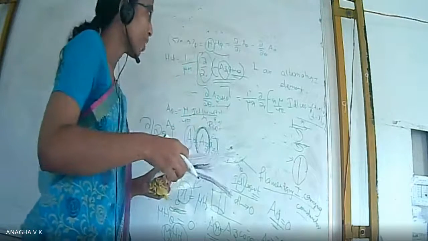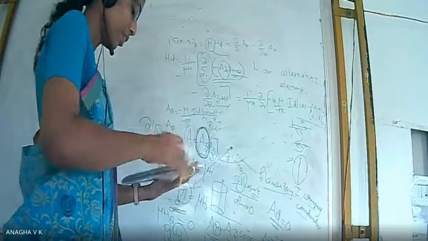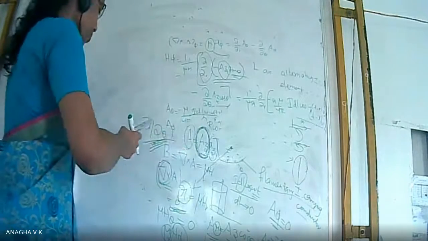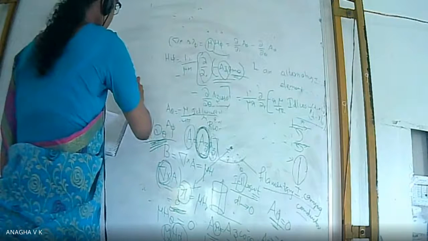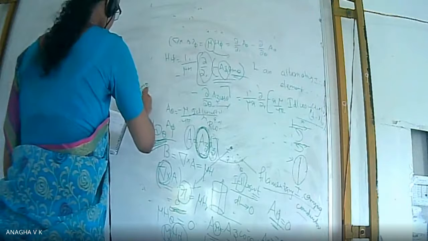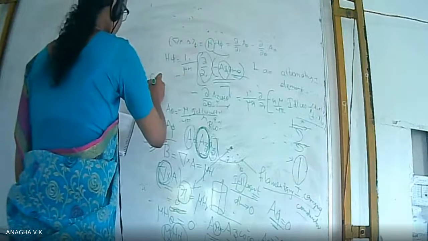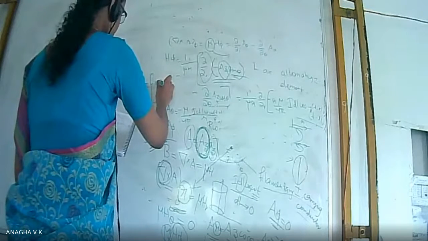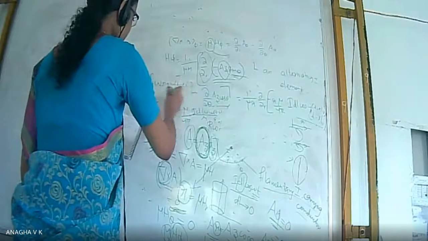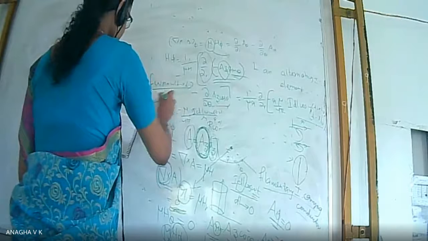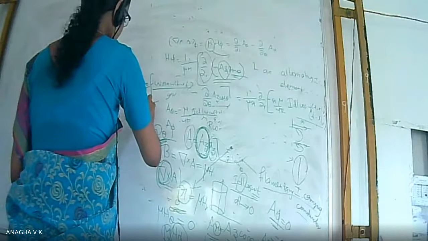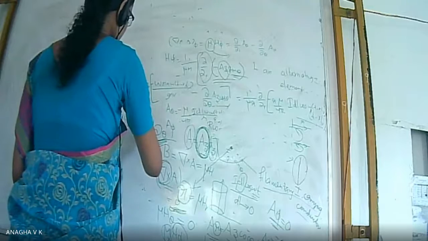So just do the partial differentiation and you will get the final equation: equal to Idl sin theta by 4 pi, minus omega sin omega t minus r by v by rv, plus cos omega t minus r by v by r.